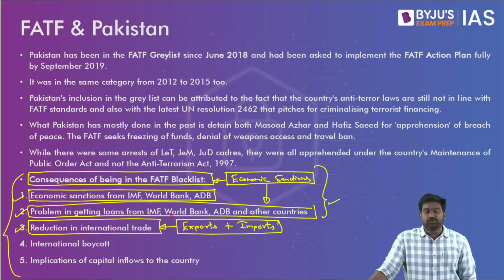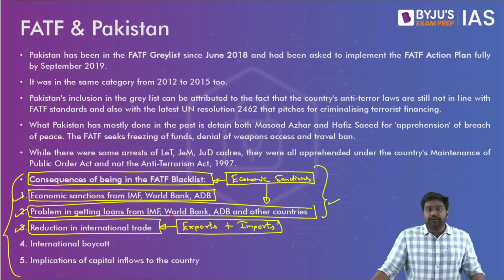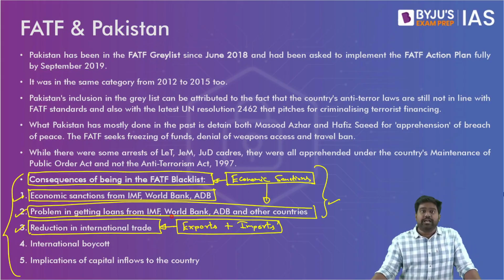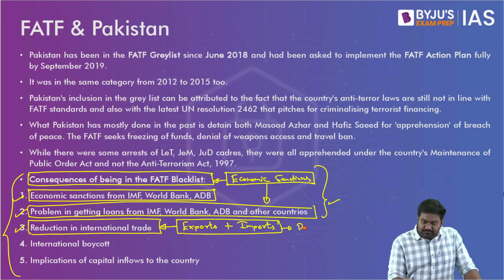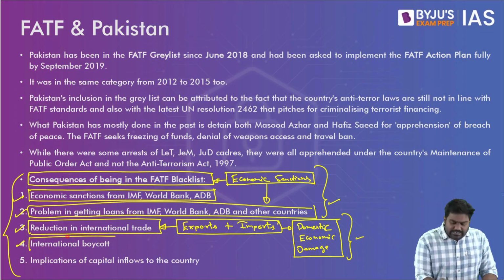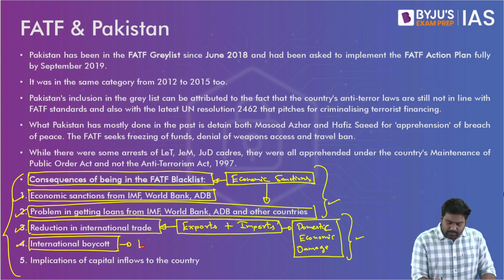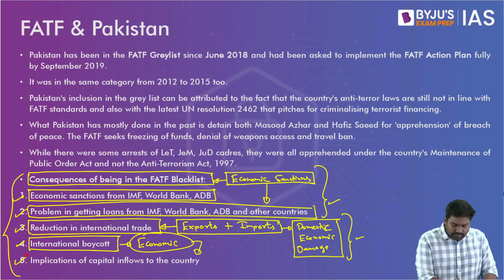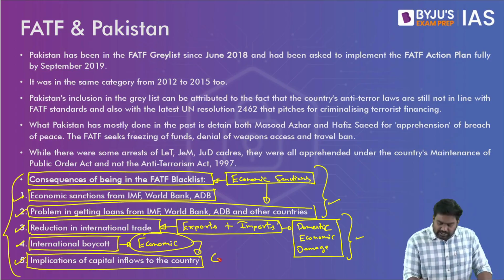If all countries work together through FATF and global bodies, it will become a crippling sanction which affects the international trade of the country. Your trade will collapse, causing severe domestic economic damage. You can't procure raw materials. You can't export, meaning your domestic industries, your agriculture, everything takes a hit. It leads to an international economic boycott against such countries, and their credit rating will be completely downgraded.